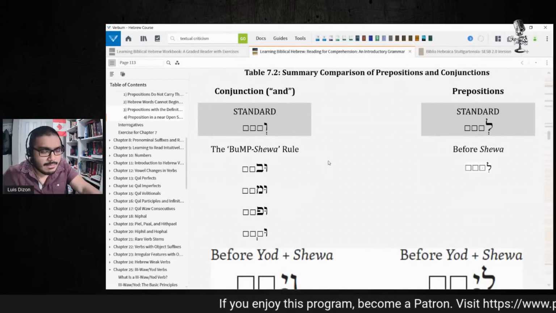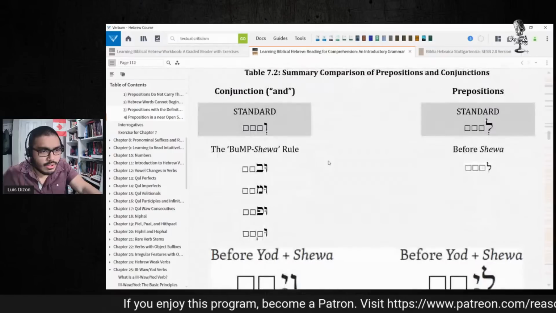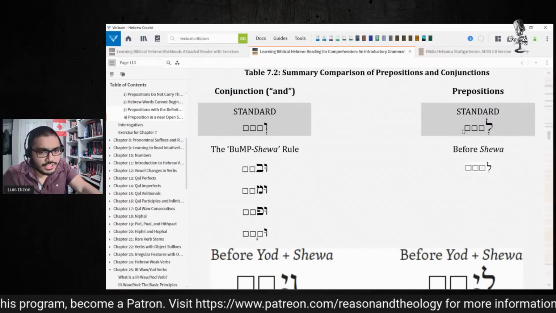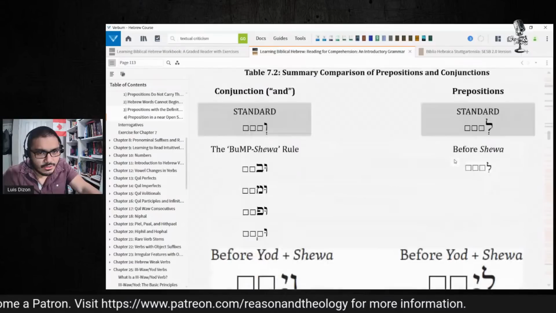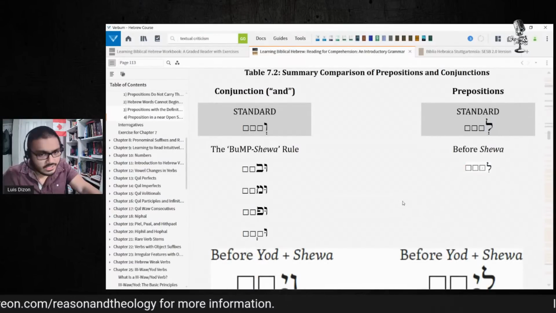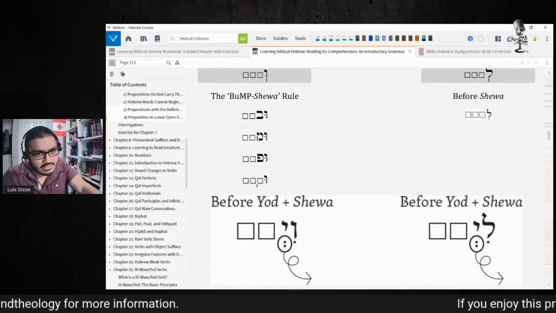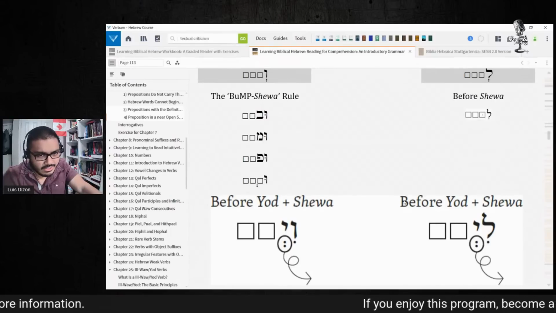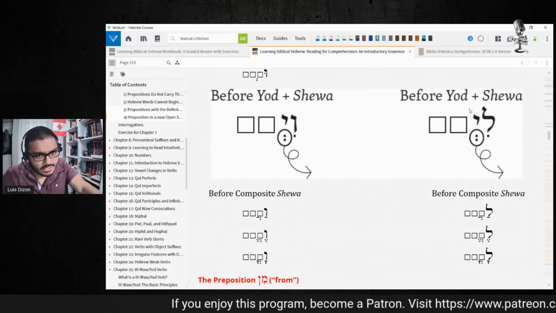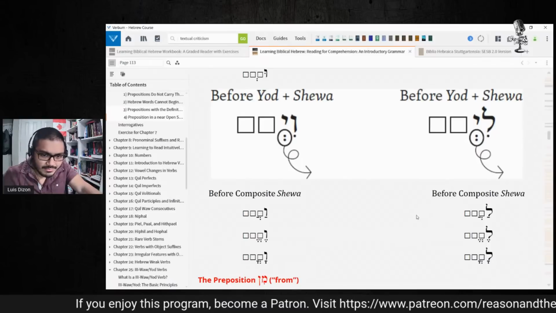So here's a table showing you all the rules governing how the prepositions change. So once again, typically it is a shva. When it's not a shva, it's usually because there's a shva on the first letter of the word it's attached to, and it has to change so it doesn't sound awkward.